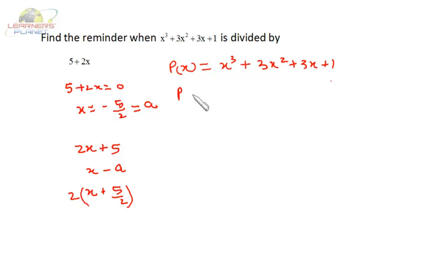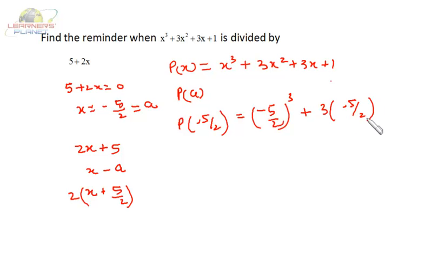Now we have to calculate P of a, or we can say P of minus 5 by 2. So I just put the value of x as minus 5 by 2. Minus 5 by 2 cube plus 3 into minus 5 by 2 square plus 3 into minus 5 by 2 plus 1.